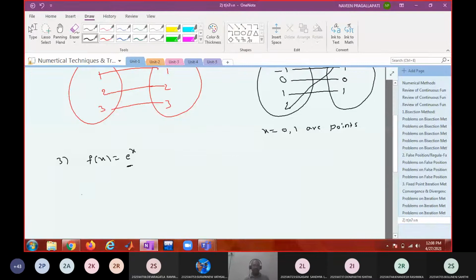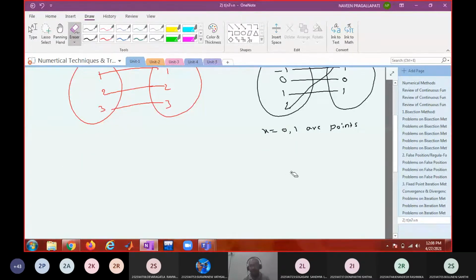There is no point for which e power x equals x, because the exponential grows like this. E power 0 is 1. So every function need not have a fixed point.